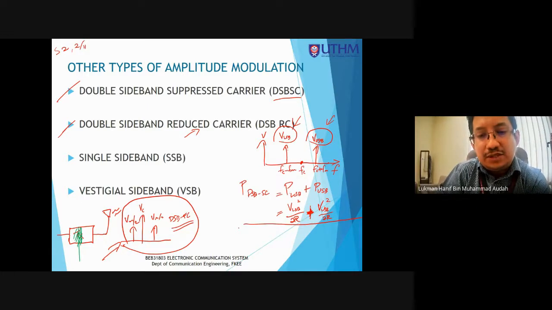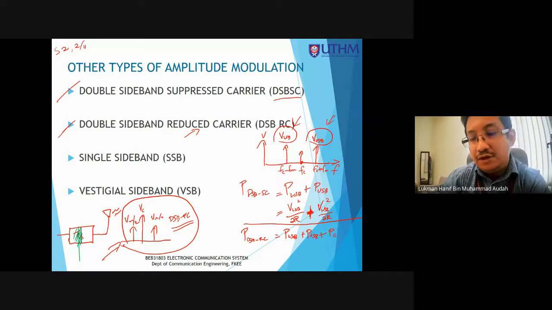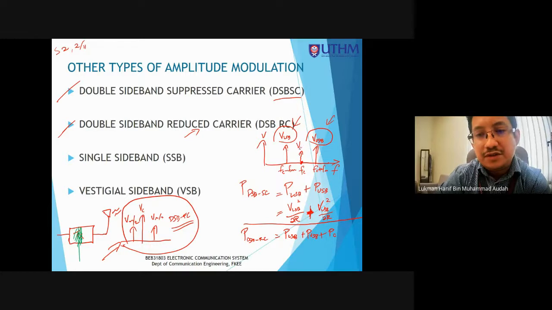What about double sideband reduced carrier? In reduced carrier, we have a small amount of carrier component. So that means P double sideband reduced carrier is equal to PLSB plus PUSB plus PC. We have a reduced amount of carrier power, for example VC reduced.